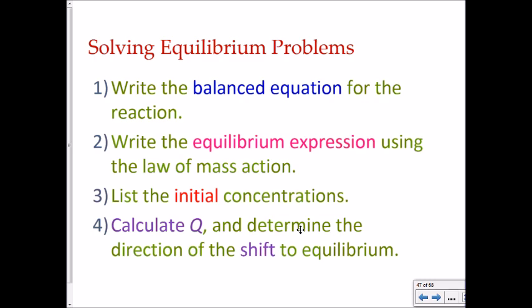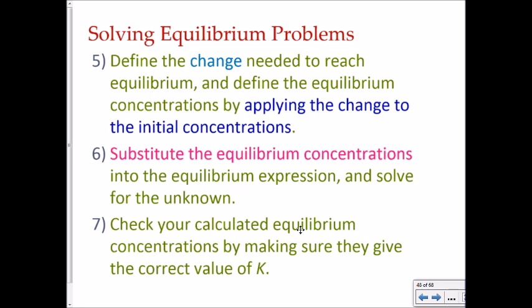And you can also calculate Q if that's needed, because sometimes they give you all the initial concentrations, and you can calculate Q if you need to tell which way it's going to proceed to establish equilibrium. Define the change using the x, and the molar relationship. Substitute in the concentrations, and you can calculate K if needed, or you can calculate the missing equilibrium concentrations if needed.